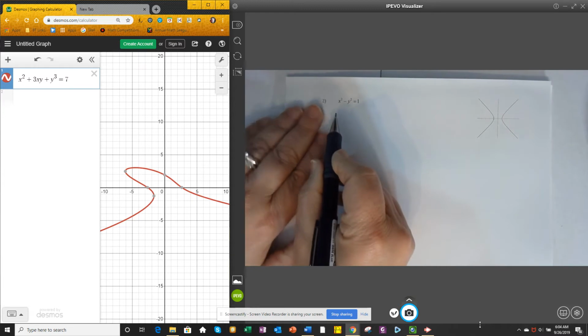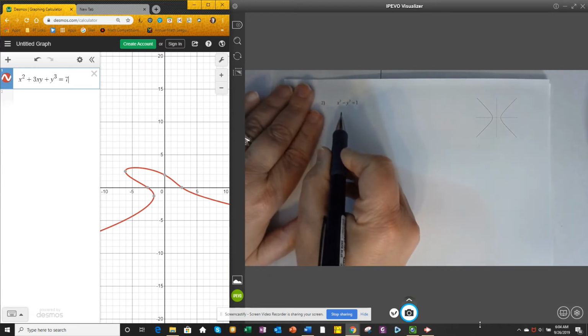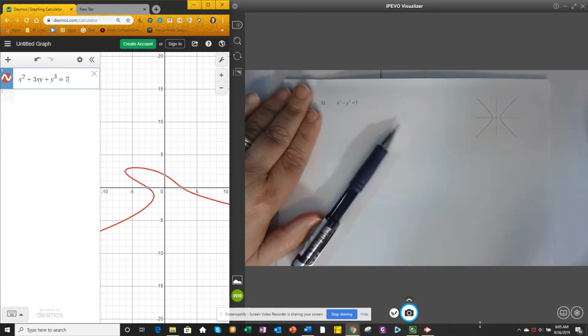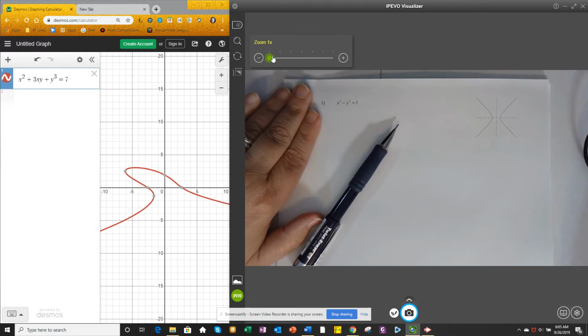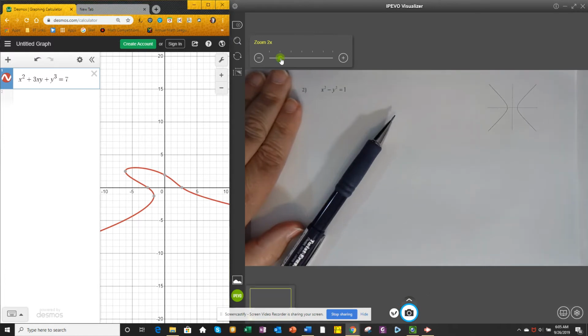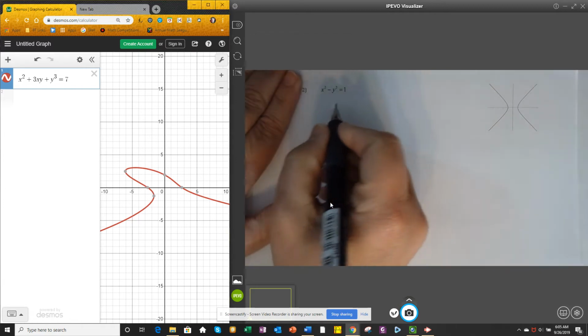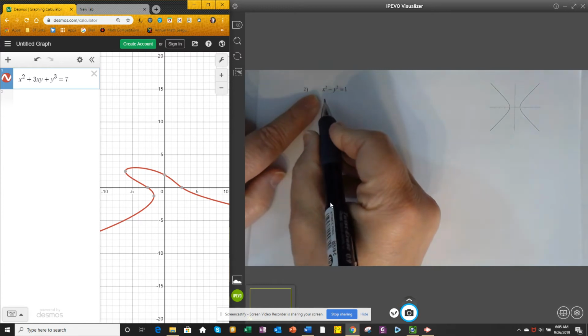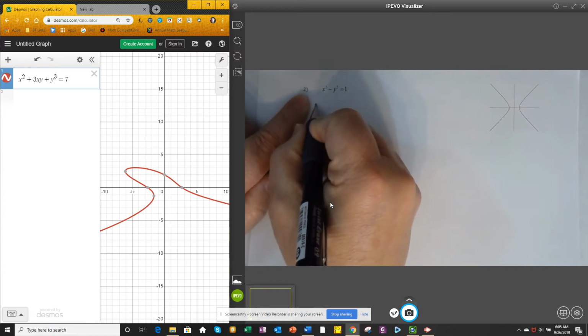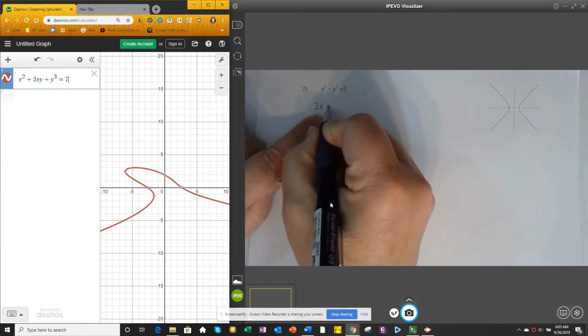Okay, so we're going to take the derivative of this implicitly. We're not going to solve for y. And so with respect to x, when we take the derivative here, let me zoom in a little bit so you can see a little bit better. You can see more of my wrinkles, but you can at least see the problem better. Okay, so let's take the derivative of x squared. What do we get? We get 2x. And then we're going to go minus.